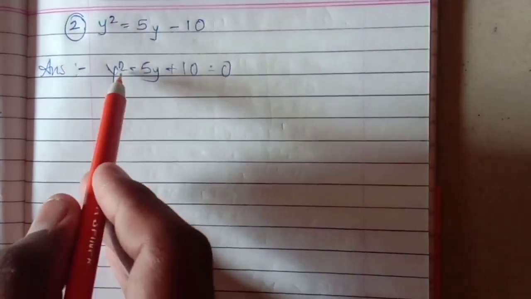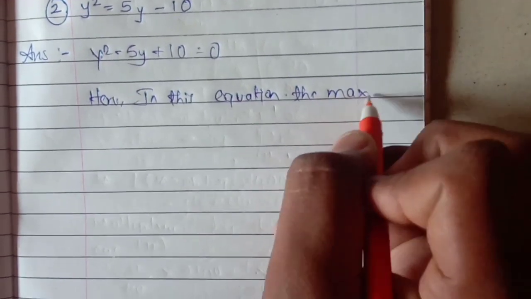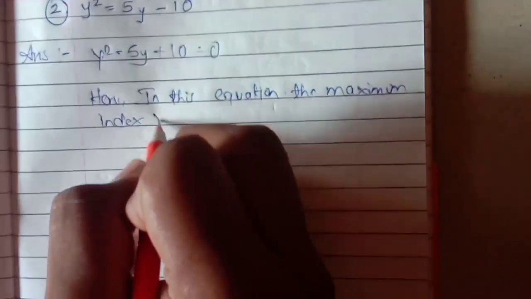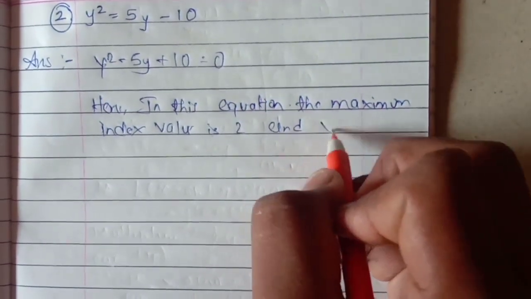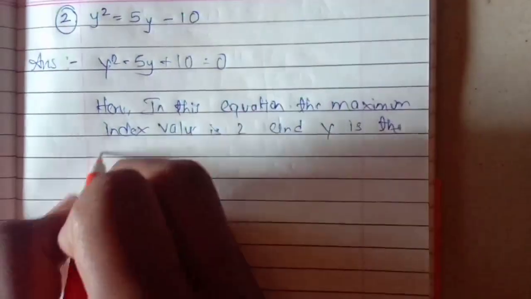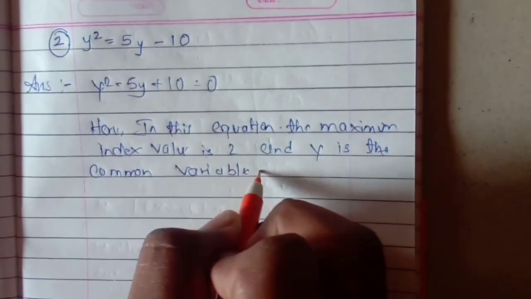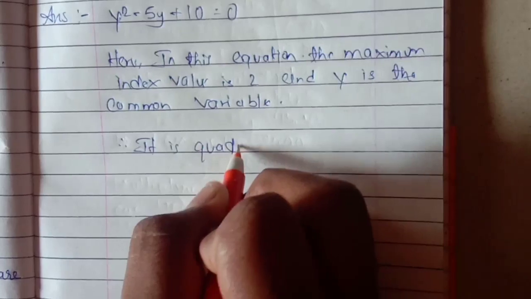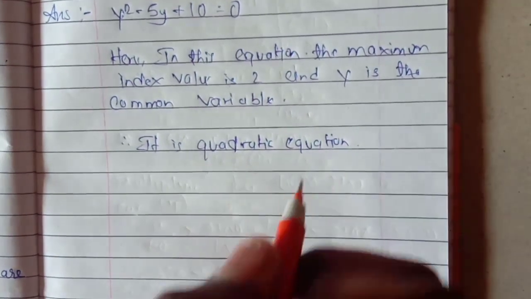The common variable is y and the maximum index value is 2. Therefore we can write that it is a quadratic equation. So like this we solved the second part.